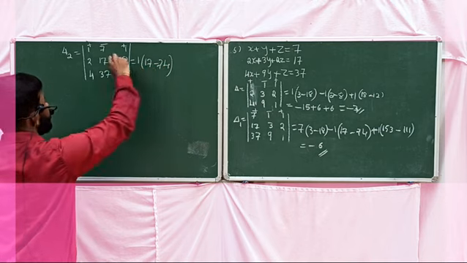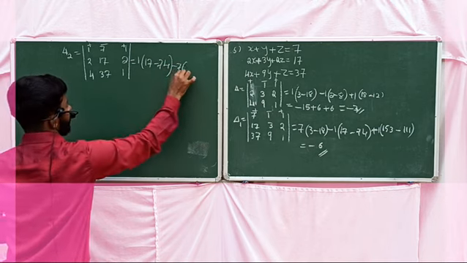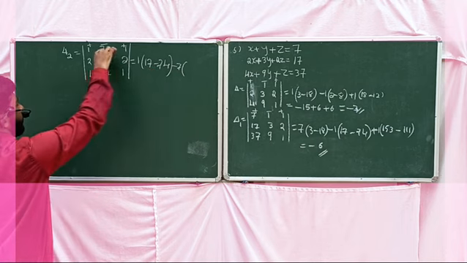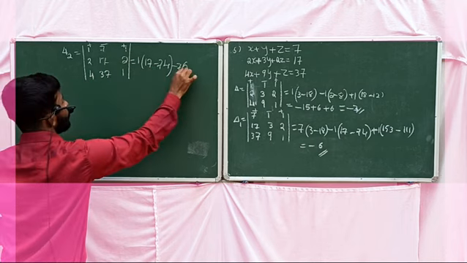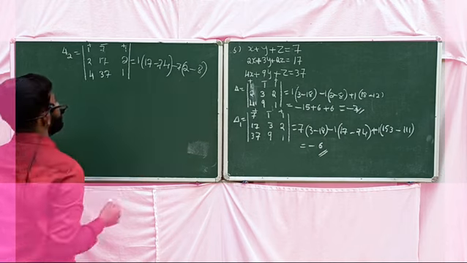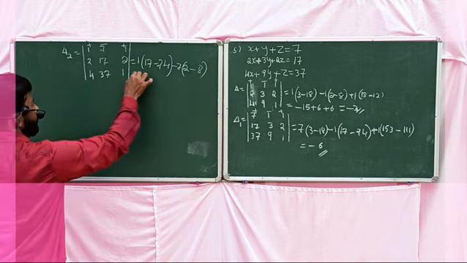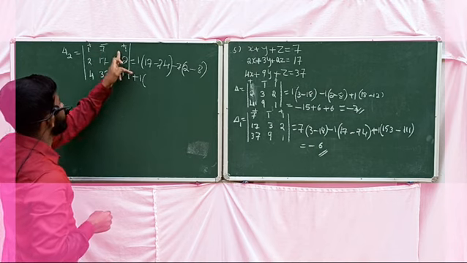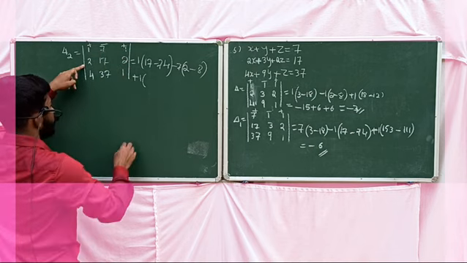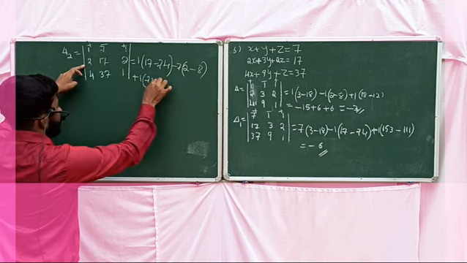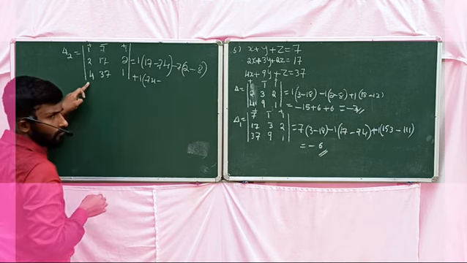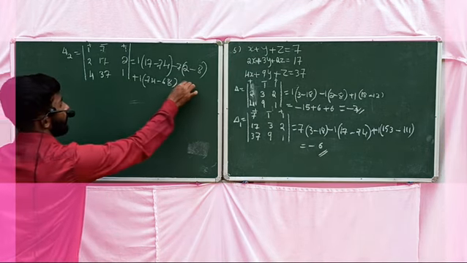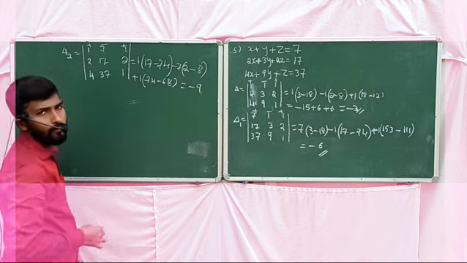Then minus 7 into, delete the second column and the first row, 2 minus 8. Then plus 1 into, delete the first row and the third column, 37 into 2, it's equal to 74, minus 17 into 4. Simplify, here you will get minus 9.